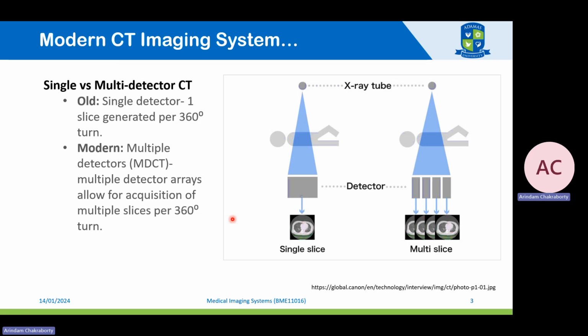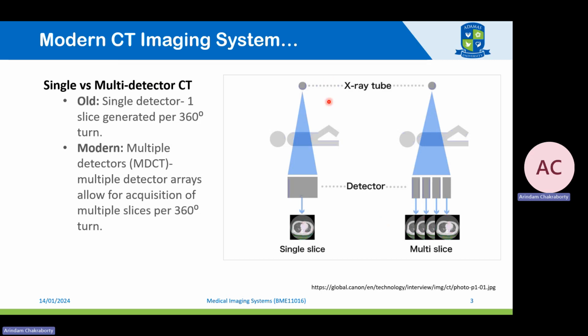So MDCT has multiple detector arrays. So as we can see, probably around 4,000, 5,000 detectors, if you can recall from my previous lecture on the fourth generation CT. This multiple detector array allows for the acquisition of multiple slices per 360-degree rotation of the X-ray source.